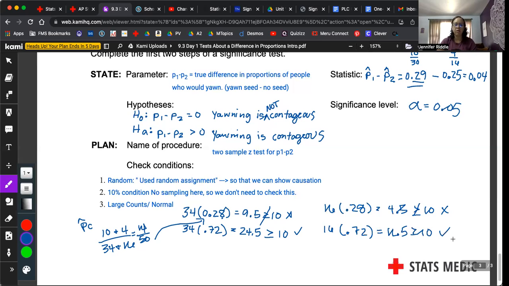We don't meet the large counts condition, which means that if we decide to move on, we should proceed with extreme caution about using a normal distribution to approximate a probability. What this is telling us is we probably need a bigger sample size. All right, if you have more questions, of course, as always, ask them in class.